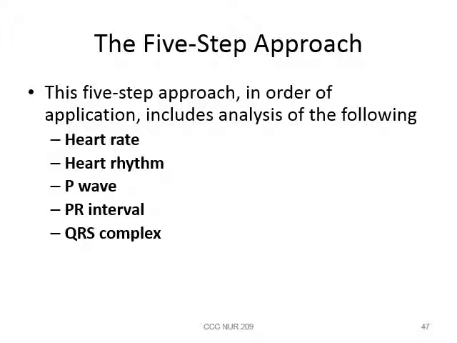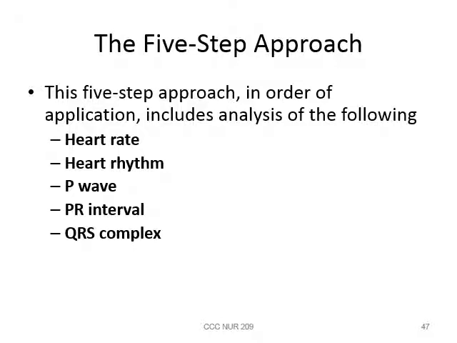The distance between each of the P waves, are they consistent or are they irregular? When we talk about rhythm, we're going to talk about regular, occasionally irregular, regularly irregular, or irregularly irregular. So when you do those things as you look at your rhythm strip, you'll understand.